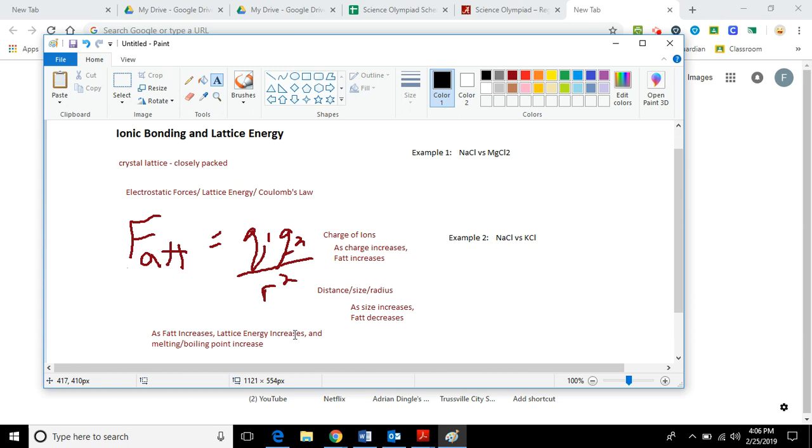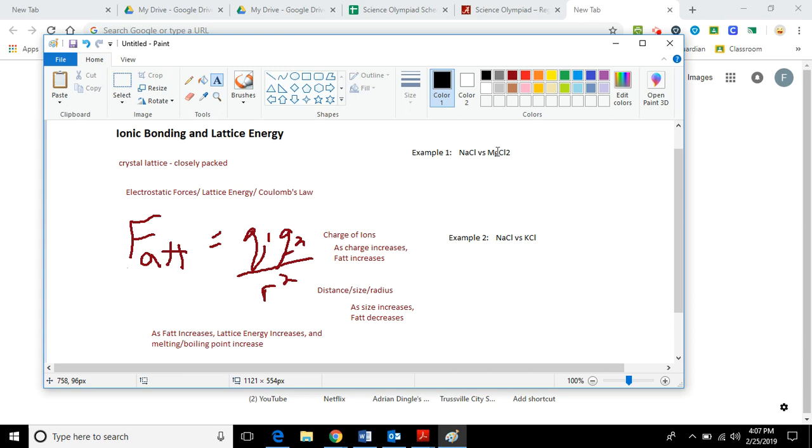So, first thing, as the charge of the ions increases, force of attraction increases as well. If that's the case, then the lattice energy increases, and therefore that particular compound will have a higher melting or higher boiling point. An example dealing with this is what I have over here: NaCl versus MgCl2.